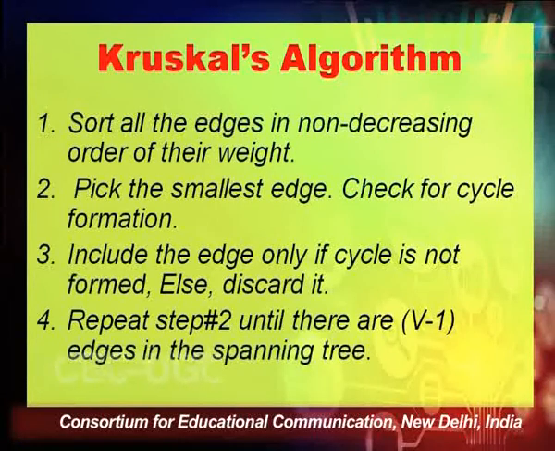We repeat this step 2 until there are V minus 1 edges in the spanning tree, because a spanning tree is a tree spanning over all the vertices of the graph, and the number of edges will be V minus 1.